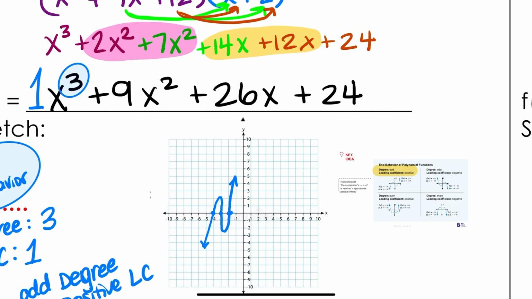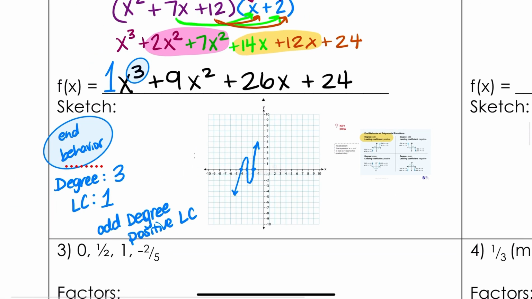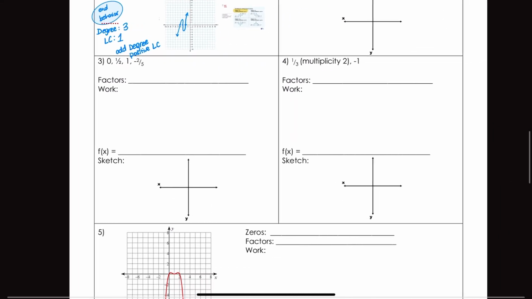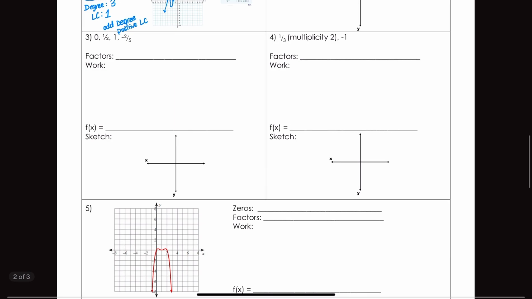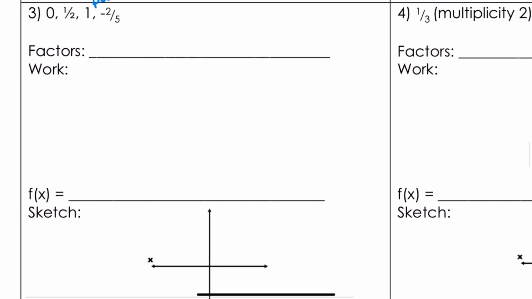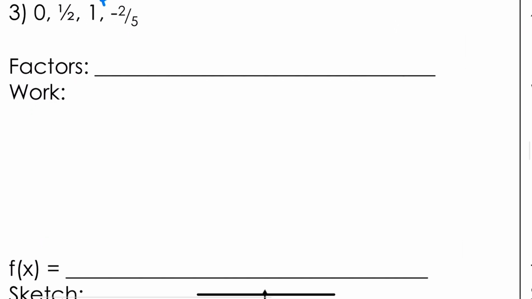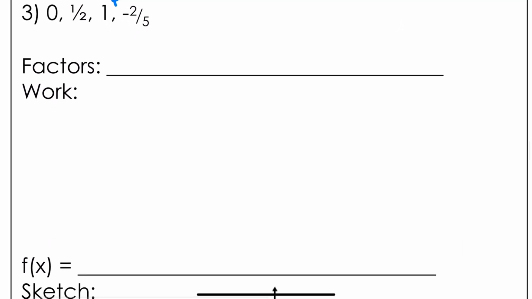In one of the previous videos, you learned how to evaluate polynomial functions using the Desmos scientific calculator. That is something that we are going to do when we get to problem number 3. All right. We are given the zeros.